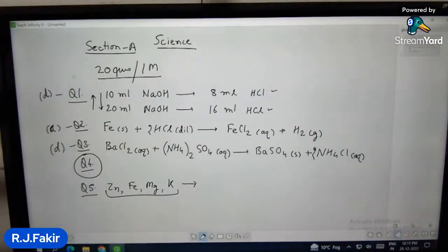If they are not in that order, you should be able to recognize them according to the reactivity series.